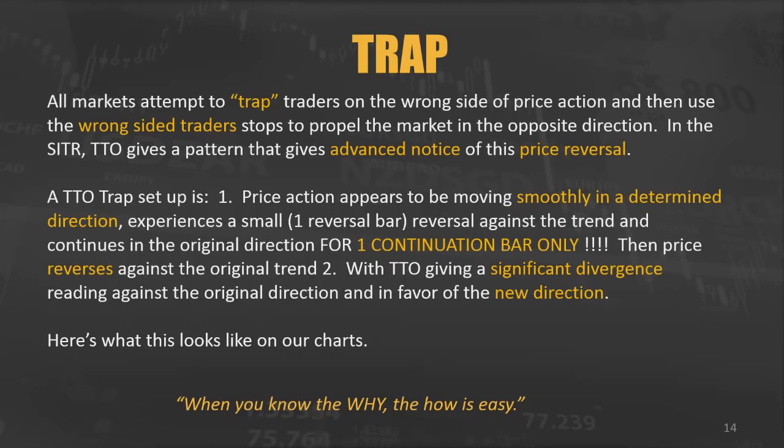But TTO is screaming, nope. There are too many people that sold this here. We are headed in the other direction, and lo and behold, away we go. And we get reversals again. We often get bottom bar or top bar with our traps.